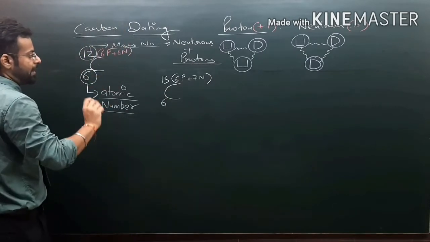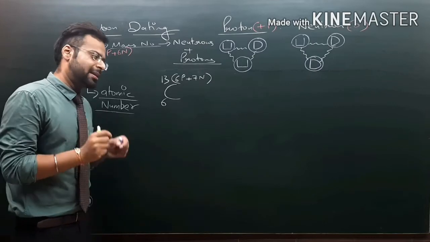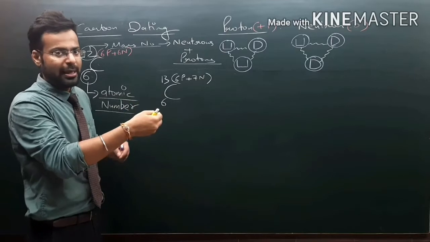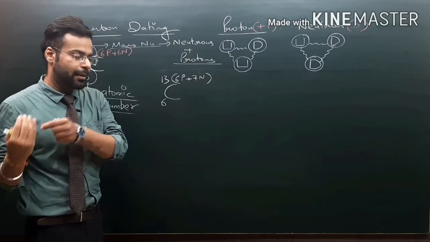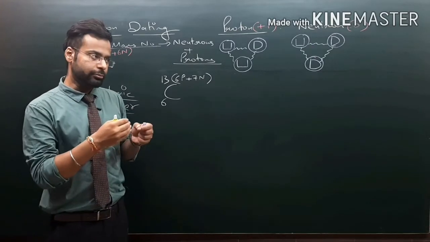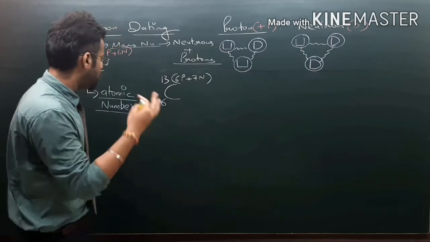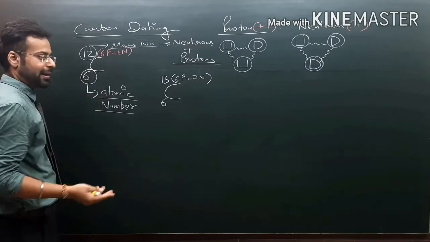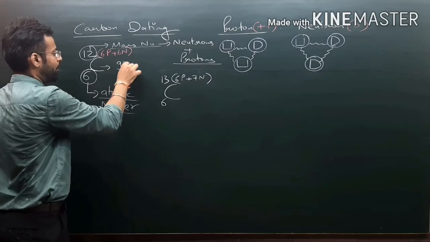Now, any element does not exist in a single form. It exists in many different forms, with the same atomic number because it is the same element. So the same element can exist in different forms with different mass numbers. So it is with carbon. Carbon is present in abundance in the carbon 12 form, approximately 98.9%.